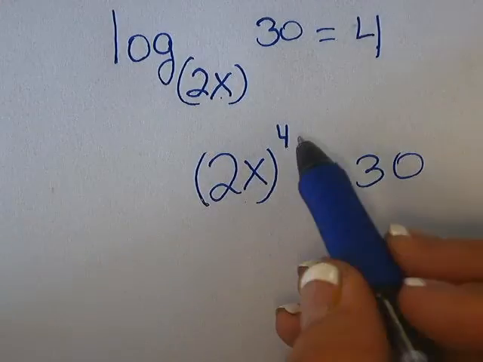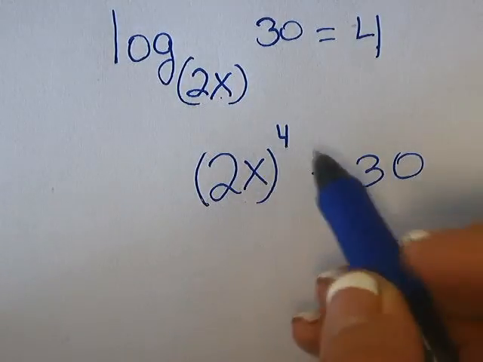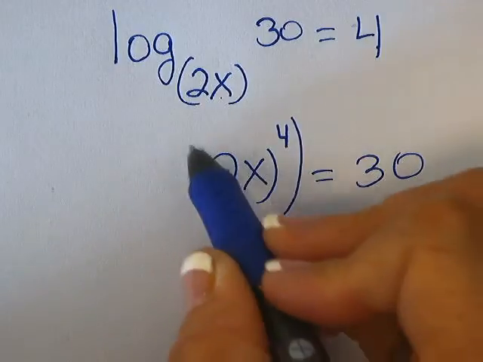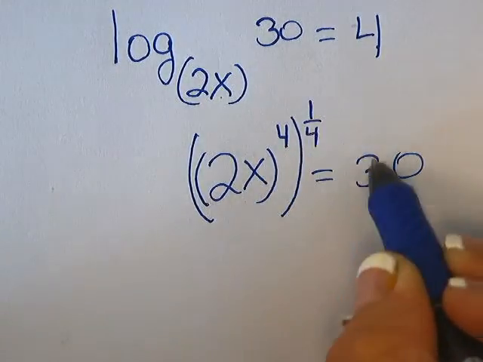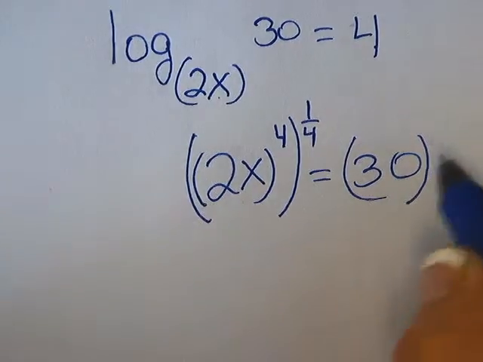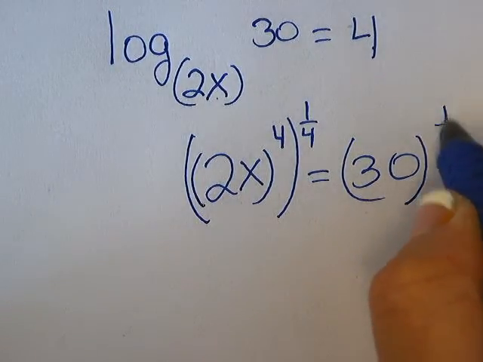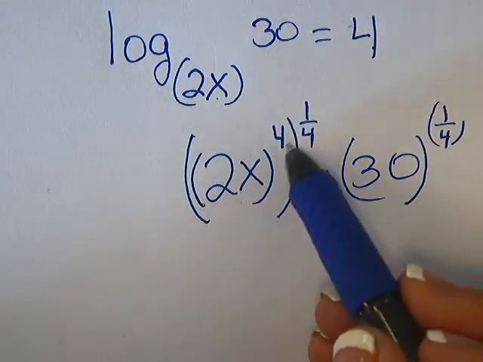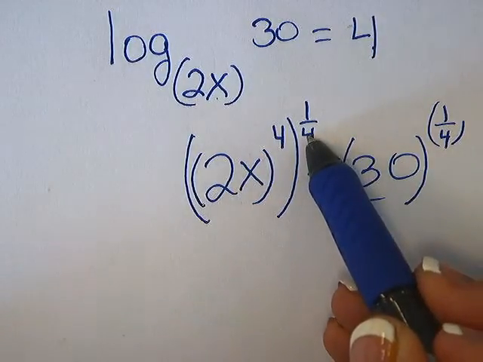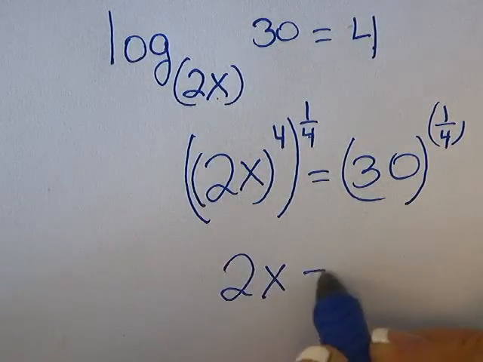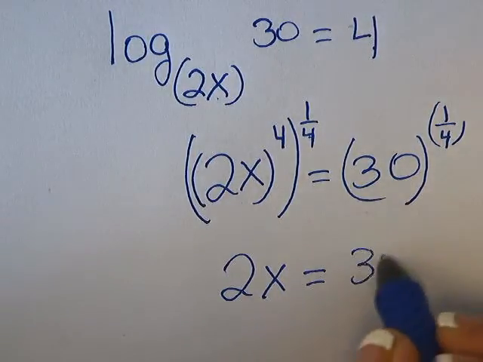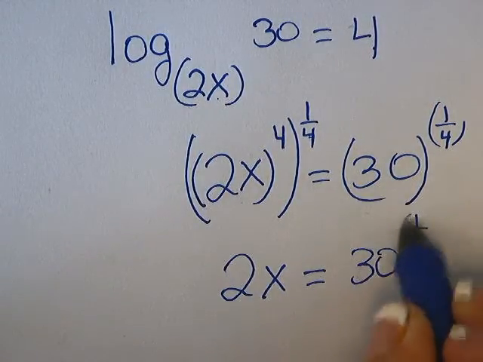Now to solve this, I need to get rid of my exponent. So the first thing I have to do is raise this to the reciprocal power, which is 1 over 4. And I'll do the same thing with the other side. So 4 times 1/4 gives me 1. So on the left side, I have 2x equals 30 to the 1/4 power.